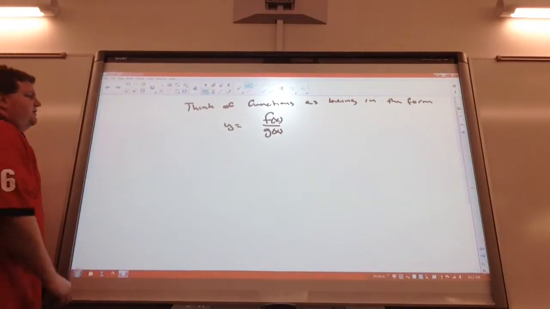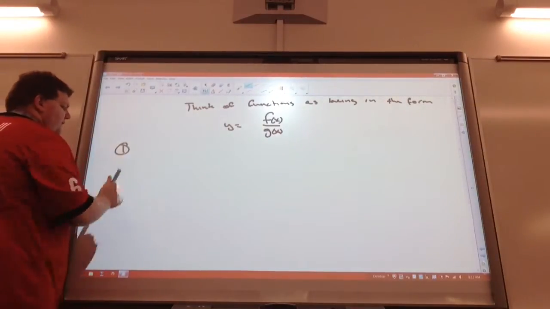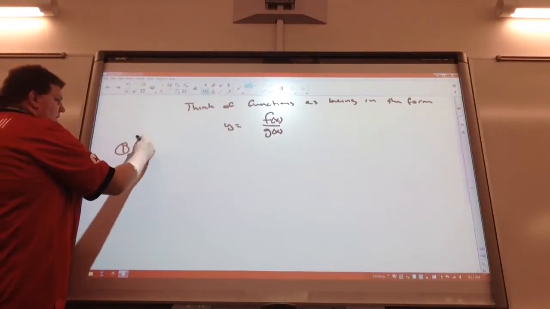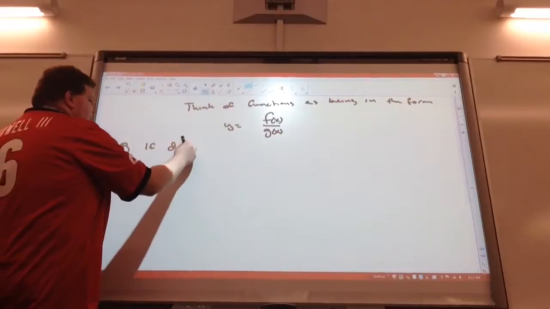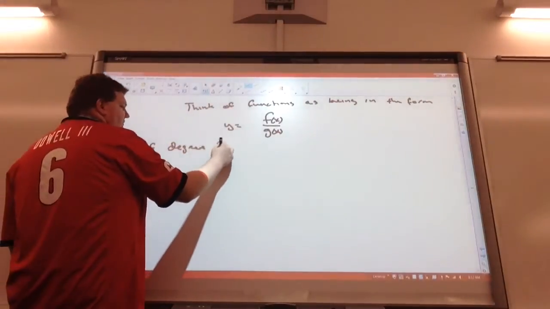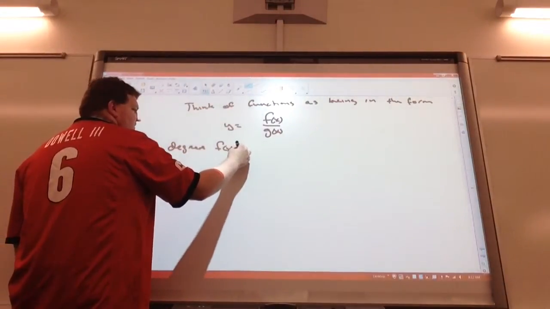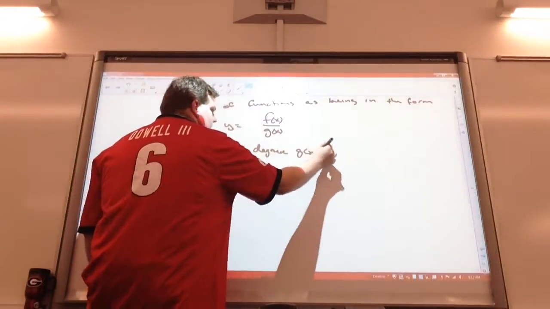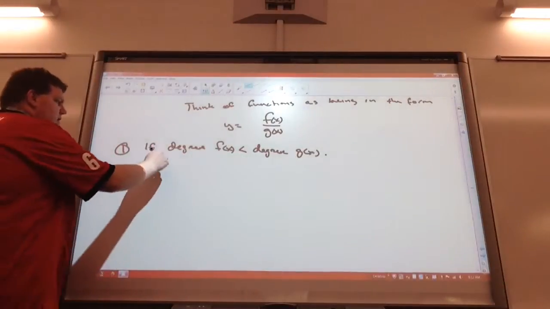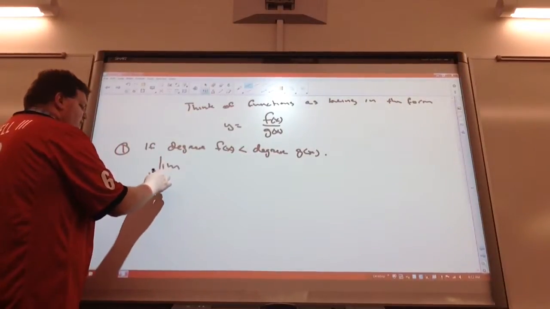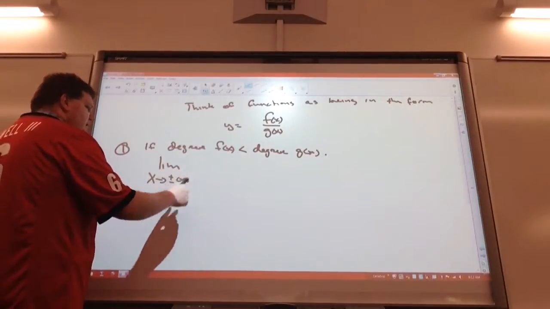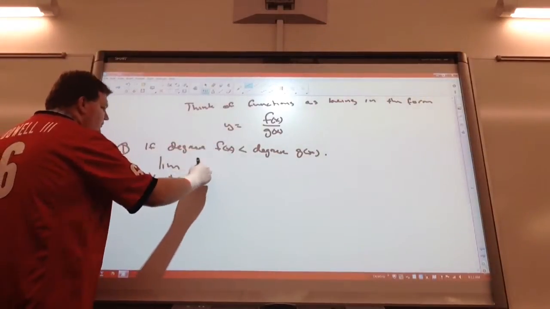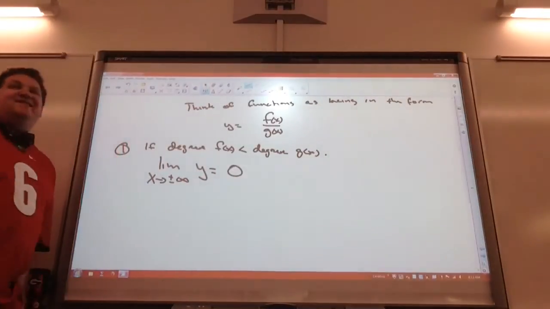Then one of three conditions arises. First condition: if the degree of f of x is less than the degree of g of x, in that condition, the limit as x goes to plus or minus infinity of the function, we'll call it y, is always equal to 0.